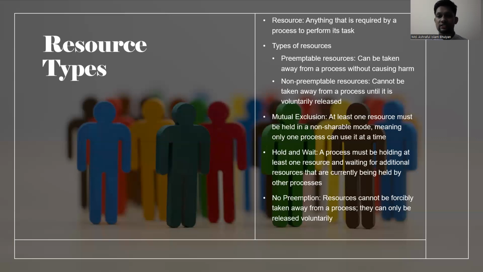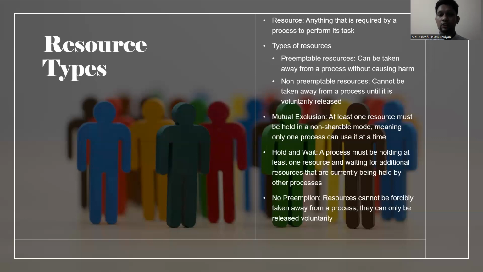And then mutual exclusion, hold and wait, non-preemption. So I'll discuss mutual exclusion. At least one resource must be held in non-shareable mode, meaning only one process can use it at a time. Hold and wait. The process must be holding at least one resource and waiting for additional resources that are currently being held by other processes. Non-preemption. Resources cannot be taken from a process.